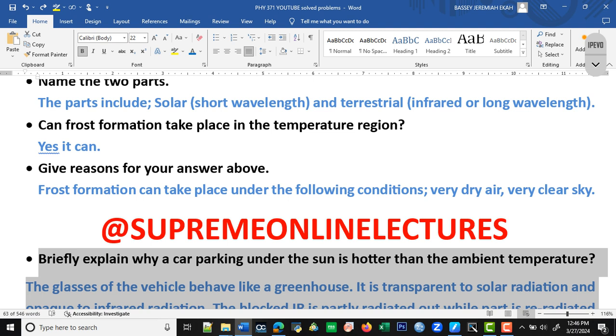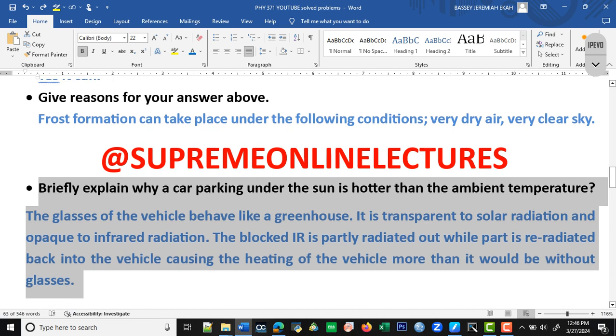So the re-radiated infrared does not have space to escape into the atmosphere and will tend to trap more heat. The glasses of the vehicle behave like greenhouse gases.